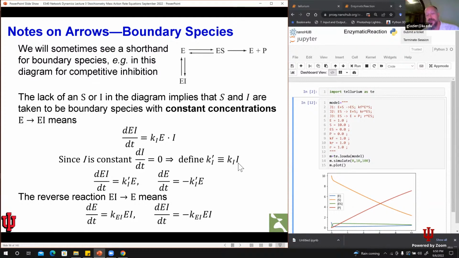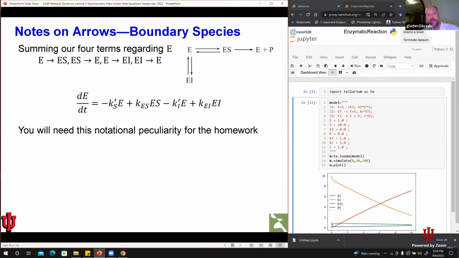Because I is assumed to be a boundary species, it's a constant. And so I have Ki times I0, which is a constant, and I'm combining those 2 things into a single constant, Ki prime. And so the primed rates have different units from what you might expect.